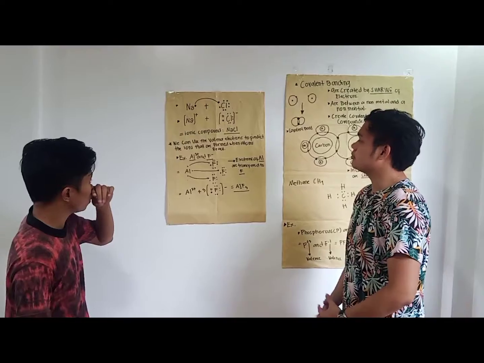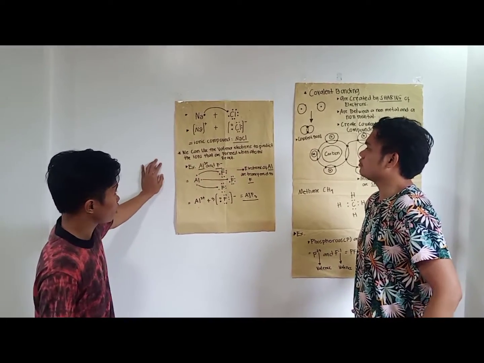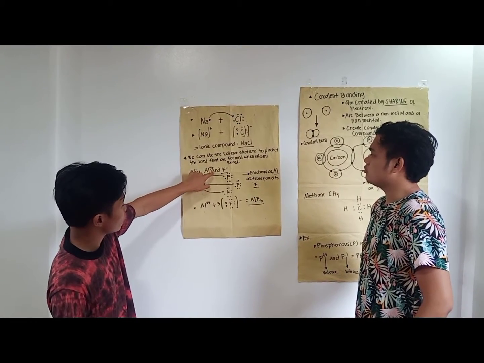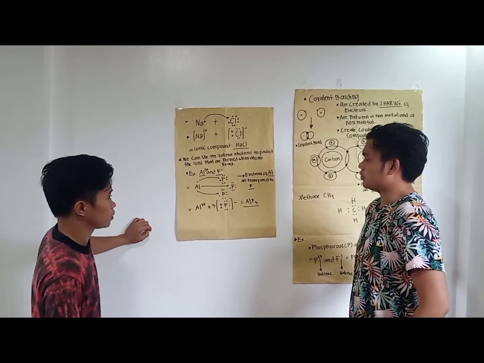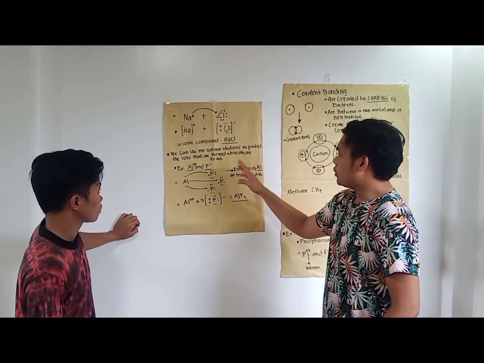This is another example of ionic bond. We can use the valence electrons to predict the ions that are formed when atoms react. An example is aluminum 3 plus and fluorine negative.